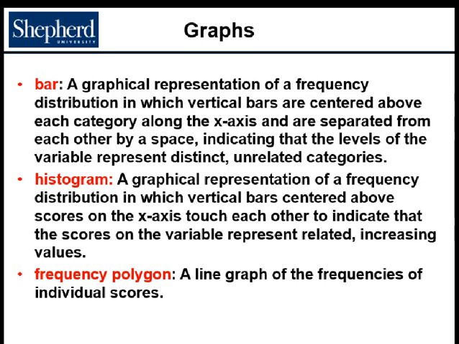Graphs. A bar chart is a graphical display for depicting qualitative data. On one axis, usually the horizontal axis, we specify the labels that are used for each of the classes. A frequency, relative frequency, or percent frequency scale can be used for the other axis, usually the vertical axis.